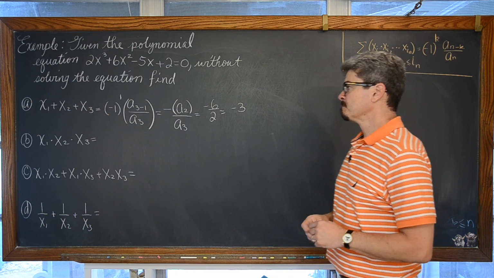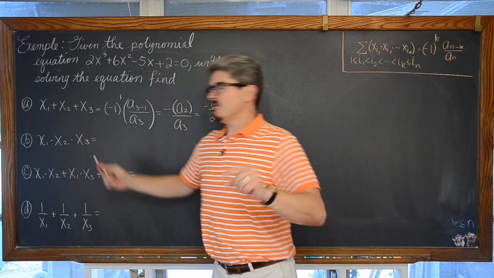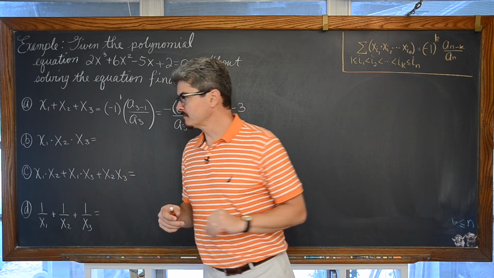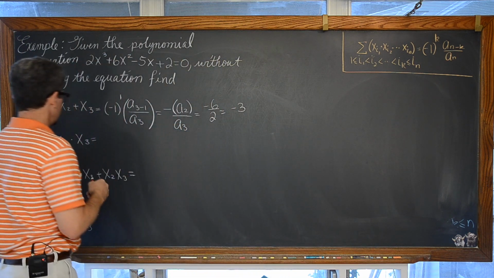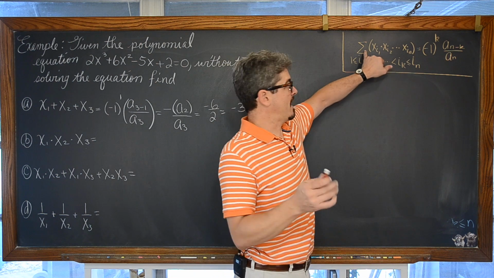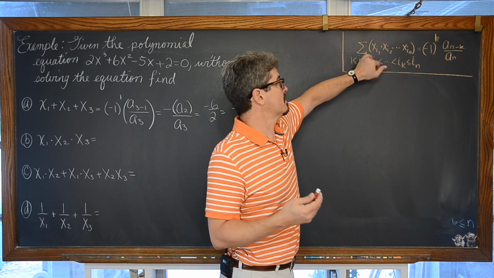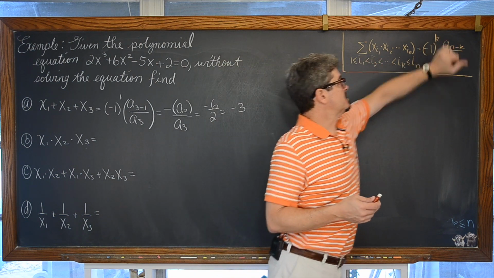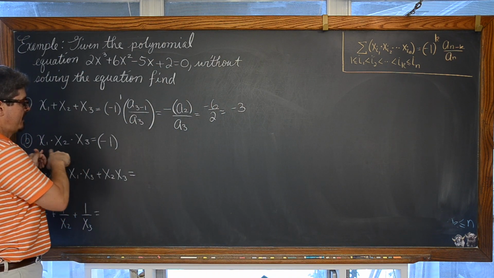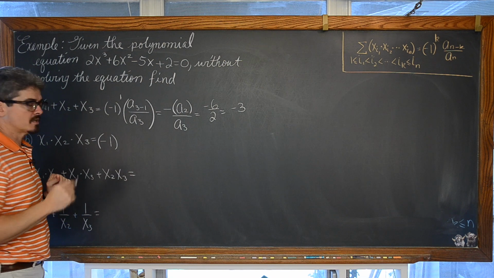So we're able to find the sum of our roots without even knowing what the roots are for this cubic polynomial. Now here we only have one term that has 3 factors. That's kind of weird because we only have one term, but we're doing negative 1 to the k, the number of factors in our term.